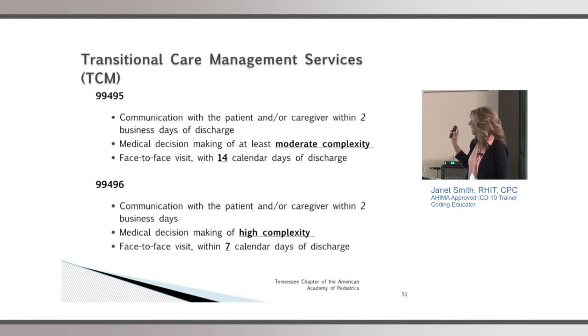It's the high complexity, and then the child has to be seen within 7 days. So if you have moderate complexity, no matter when the child comes back into the office, you're going to bill the 99495. Just remember, these are pretty complex kids, so it would be clinical judgment as to whether you thought that they were highly or moderately to highly complex.